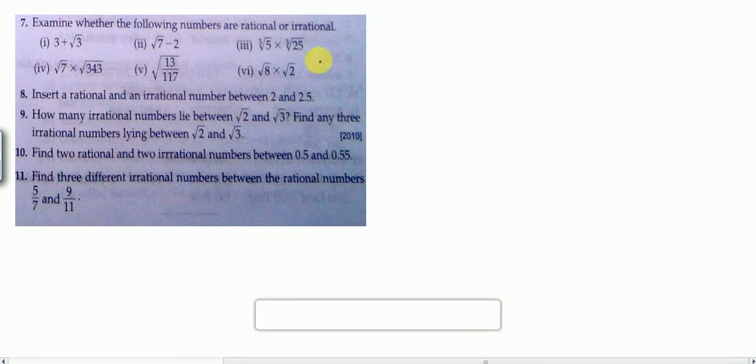Question 10. Find two rational and two irrational numbers between 0.5 and 0.55. So for question 10, between 0.5 and 0.55 we have to give two rational and two irrational numbers.